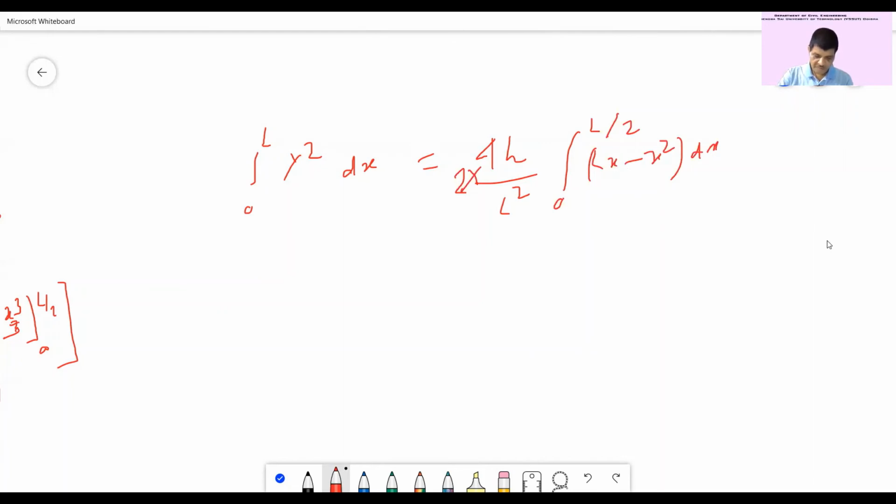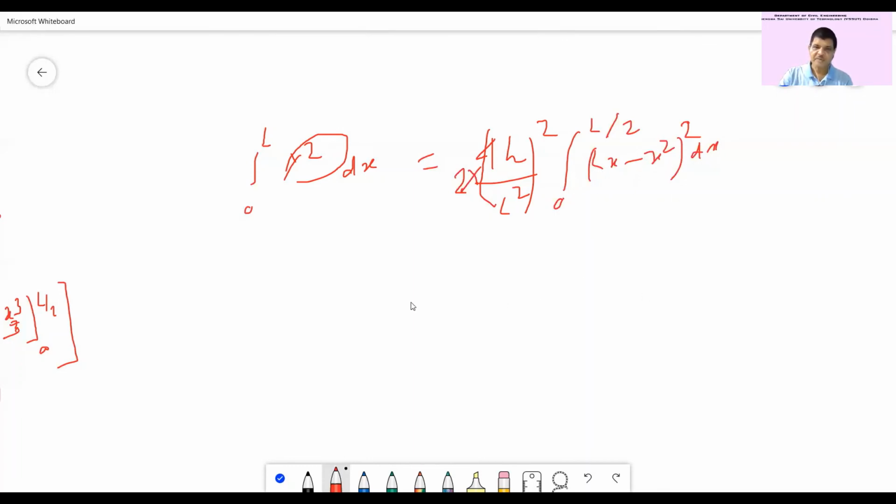And this is y square, so you have to take the whole square of these things, because y is equal to 4h by L square, x into L minus x. So Lx minus x square, whole square.